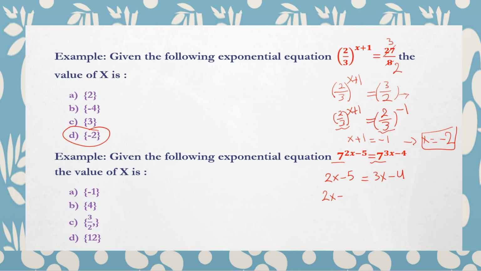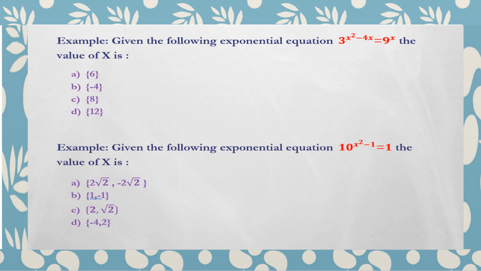So 2x minus 3x equals minus 4 plus 5, as we bring 3x to the left hand side and minus 5 goes to the right hand side. This equals minus x equals 1, so x equals minus 1. And the correct answer is A.